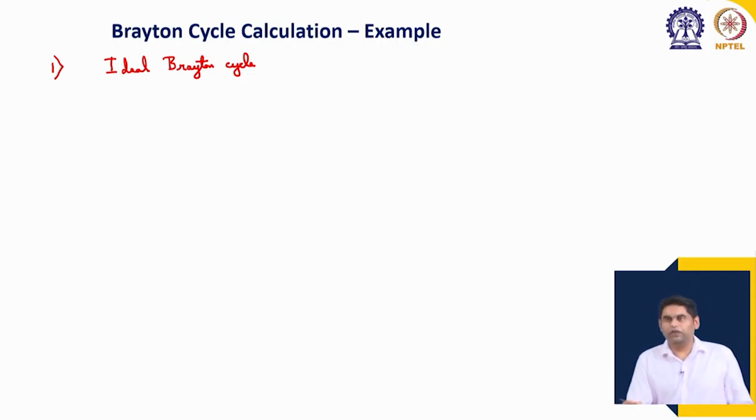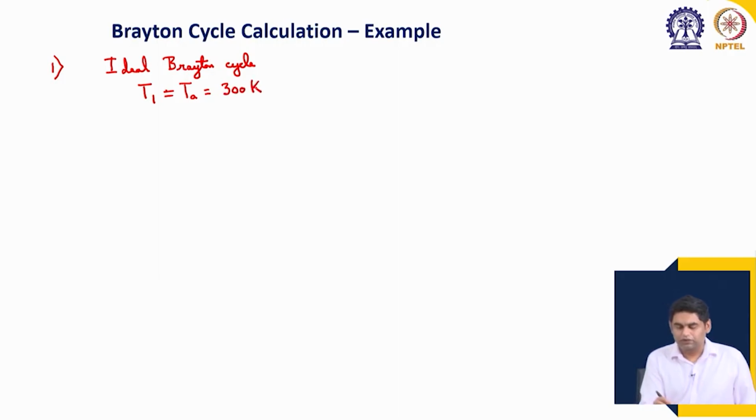We will know at what ambient condition this gas turbine will operate. So, the inlet condition is T A, which in this case is equal to T1. So, ambient T1 is equal to the ambient condition T A, which is say 300 Kelvin, and the inlet pressure P1 is equal to the ambient pressure P A, which is equal to 1 atmospheric pressure.